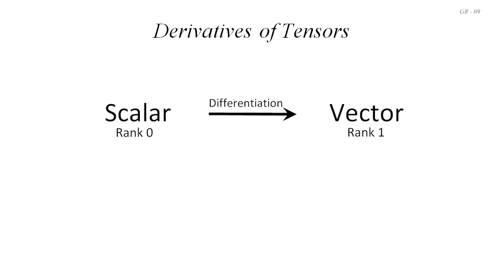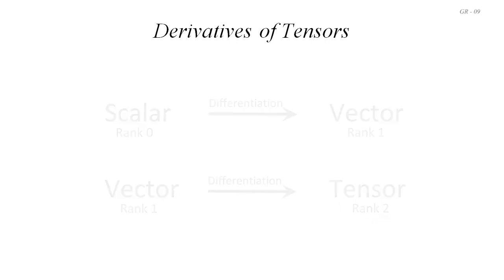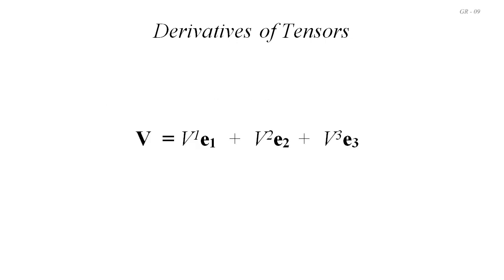So let's now consider the same idea again, but this time going from a vector to a tensor, or rather from a tensor of rank 1 to a tensor of rank 2. We will start with a vector v in 3 dimensions, and we'll consider as usual writing it out using its contravariant components with upper indices alongside the usual basis vectors e1, e2 and e3.